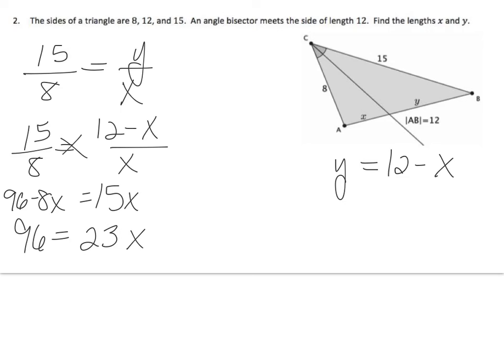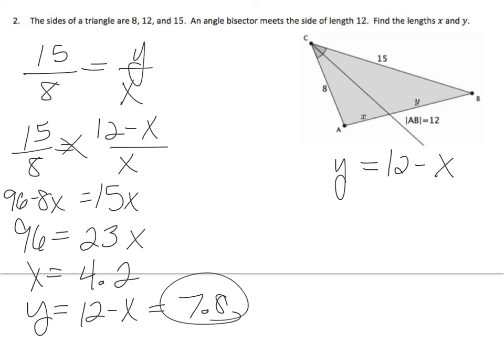Nope. 96 divided by 23. Yikes. x equals, I got 4.2. I'm sure a fraction will probably make that easier. So y is going to be 12 minus x, or 12 minus 4.2, which is 7.8.